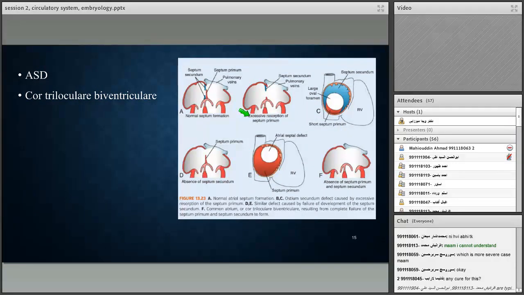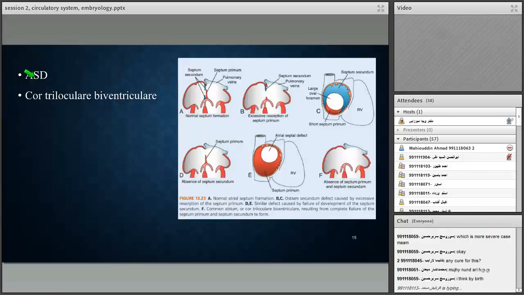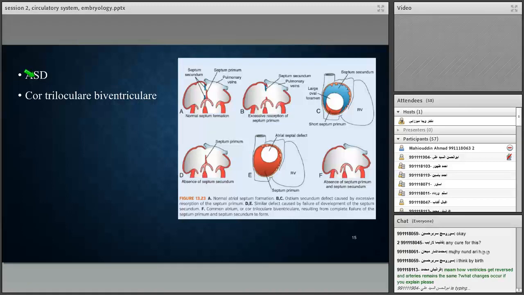As I know, there is no other. The other defect in the septum formation is ASD, atrial septal defect. ASD has an incidence of 6.4 per 10,000 births. I will explain.